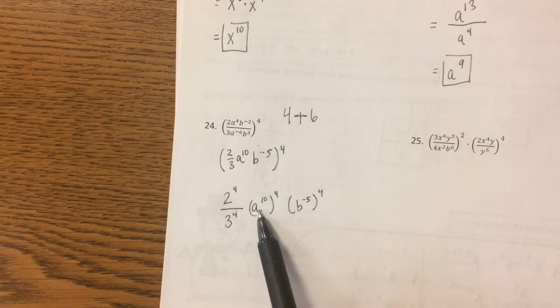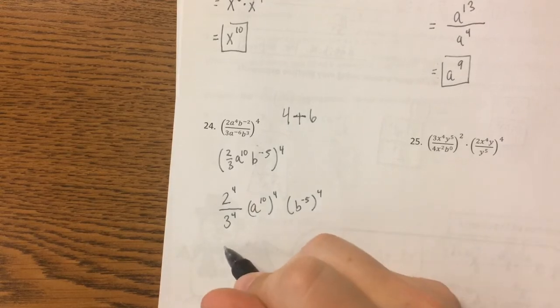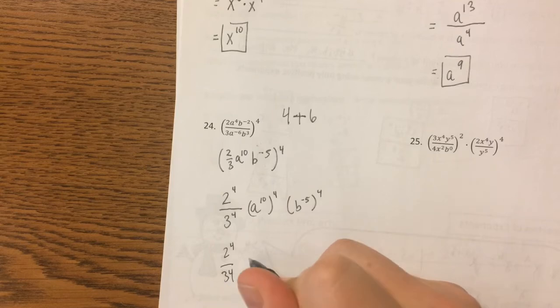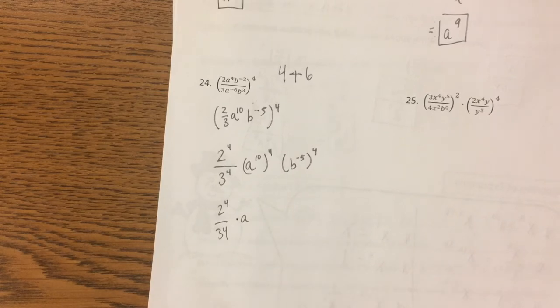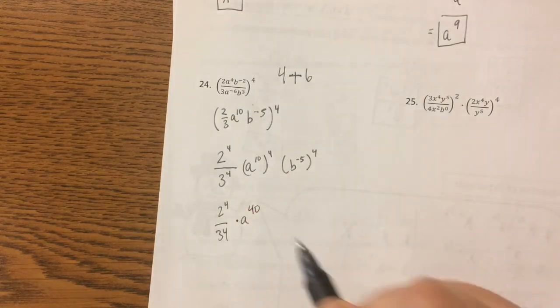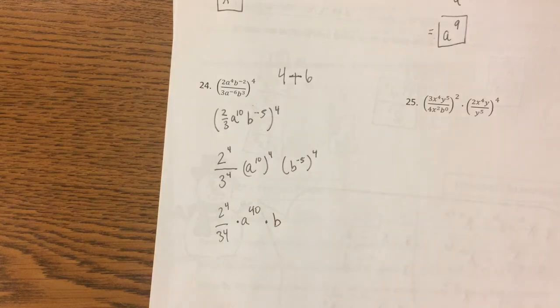What's the property when you raise a power to a power? Multiply the powers. Yeah, so a to the 10th to the 4th is the same thing as a to the 40th, yeah, times b to the... Wait, is that supposed to say 3 to the 4th or 3 to 4?